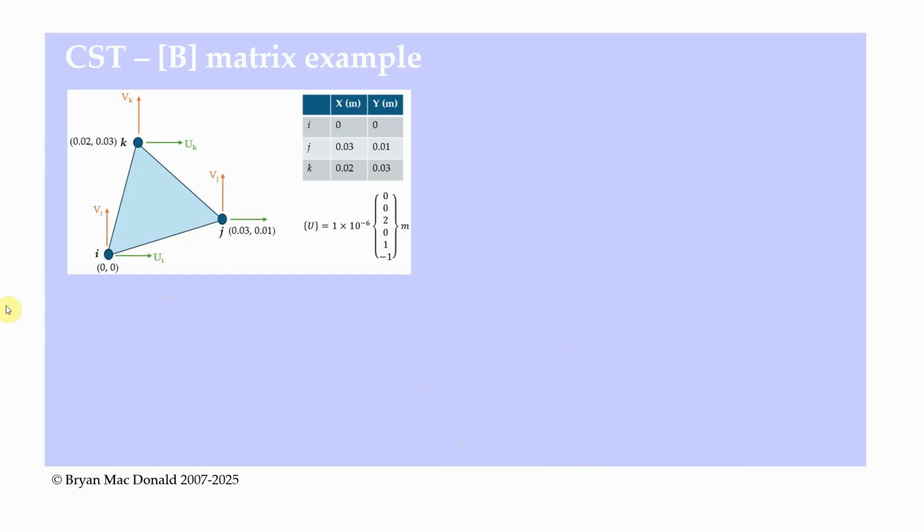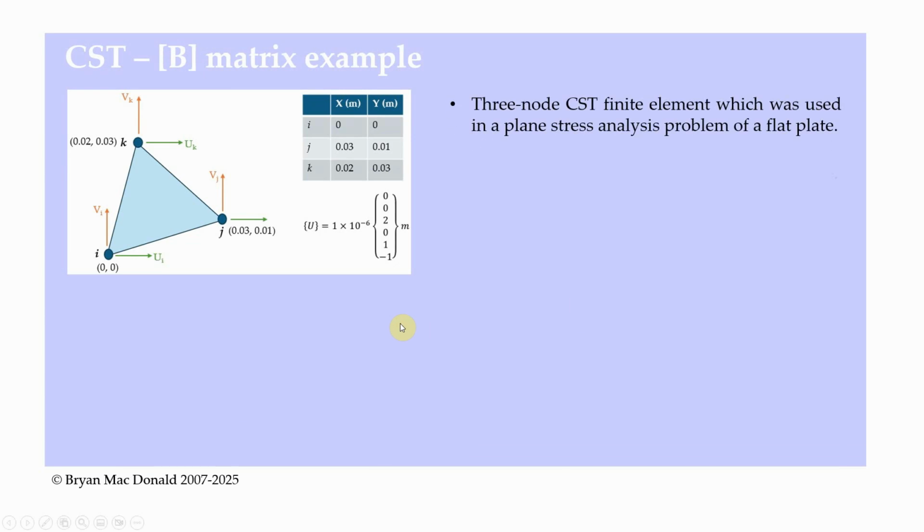Okay, so let's look at an example of trying to obtain the B matrix for a particular element. So we have a 3-node CST finite element, which was used in a plane stress analysis problem of a flat plate. We're given the coordinates of each of the nodes, and we're given the displacement of each of the nodes after the FEA was done. So for example, here you can see, well, node I didn't move.